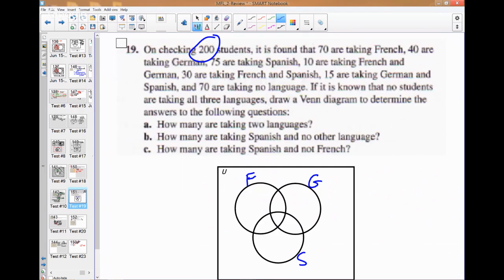What do we always want to begin with? Where do you want to begin when you do one of these puzzle problems? In the middle. Yeah, and in the middle is where all 3 are. And do you see anything in the problem that tells you what that is?